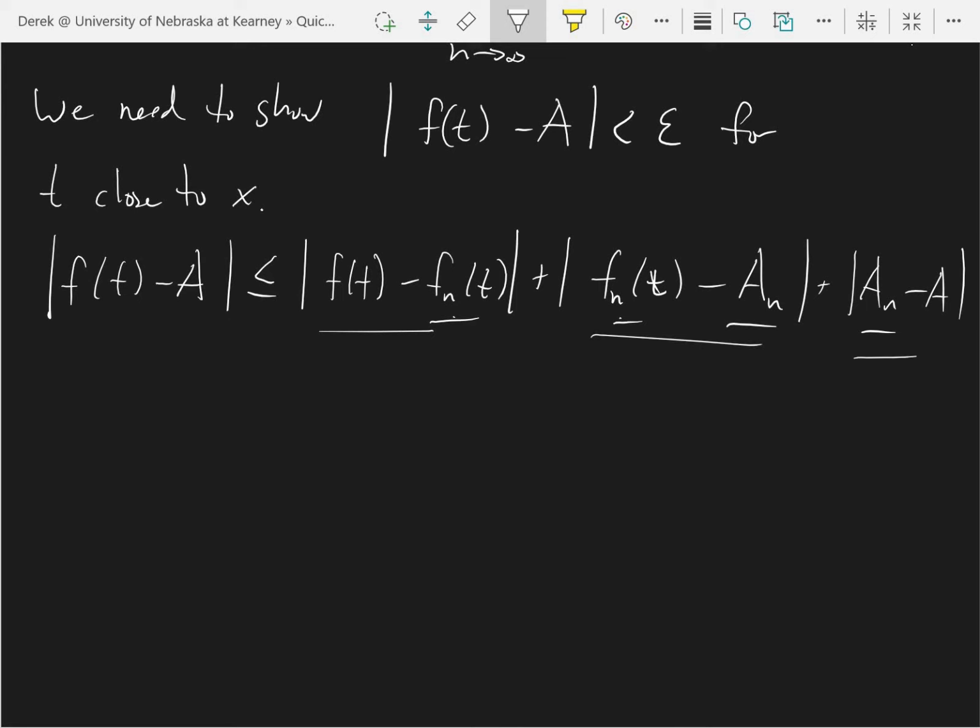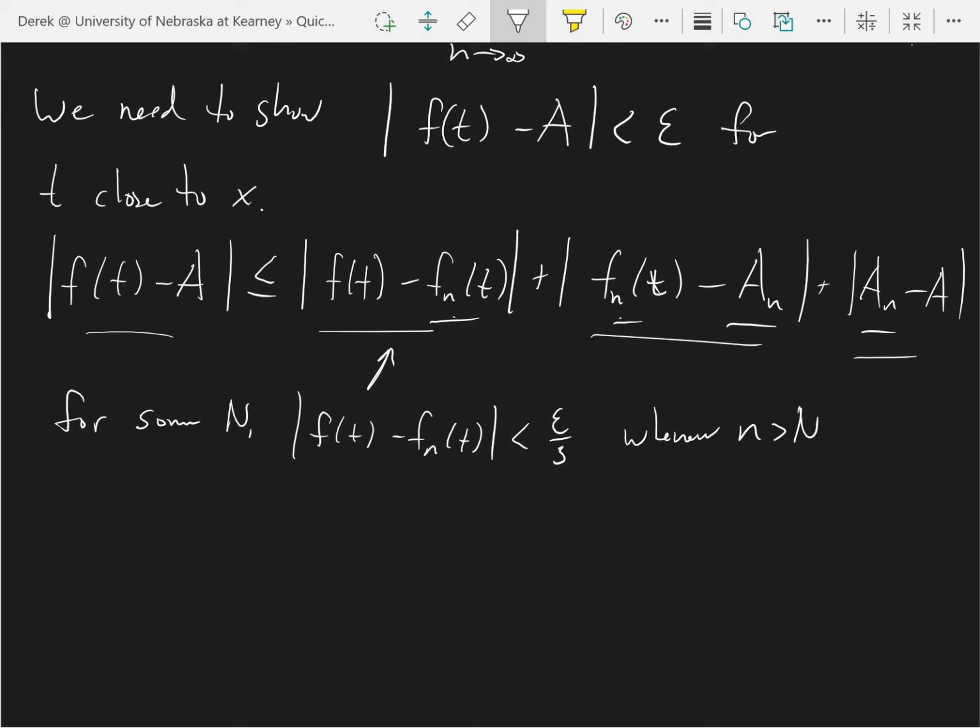If each of these three things is small, their sum is small, so f of t minus a has to be small. So we can first choose this one small: for some n1, the absolute value of f of t minus f sub n at t is less than epsilon over 3 whenever n is bigger than n1, and this is by uniform convergence of the f sub n's.